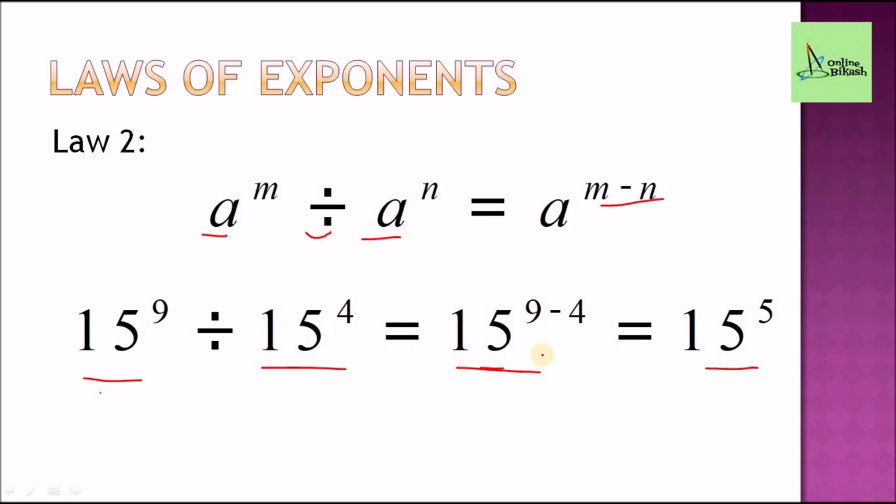Remember, my dear student, you have to subtract 4 from 9. Don't subtract 9 from 4. You have to subtract the second power from the first power. If you do not do it that way, then your maths will definitely be wrong.